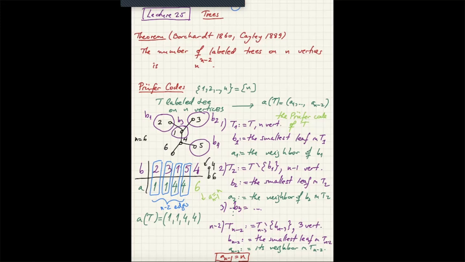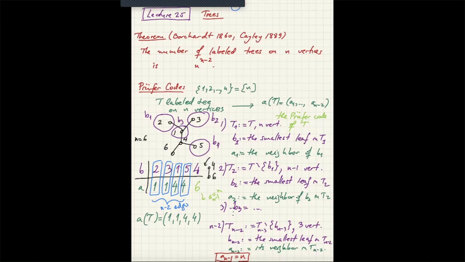So the top row contains distinct entries: you have n minus 2 distinct entries, and then another one, an n minus 1 entry at the end, like the 4 we have there. And those entries together with the element n will be the vertex set of the tree T.